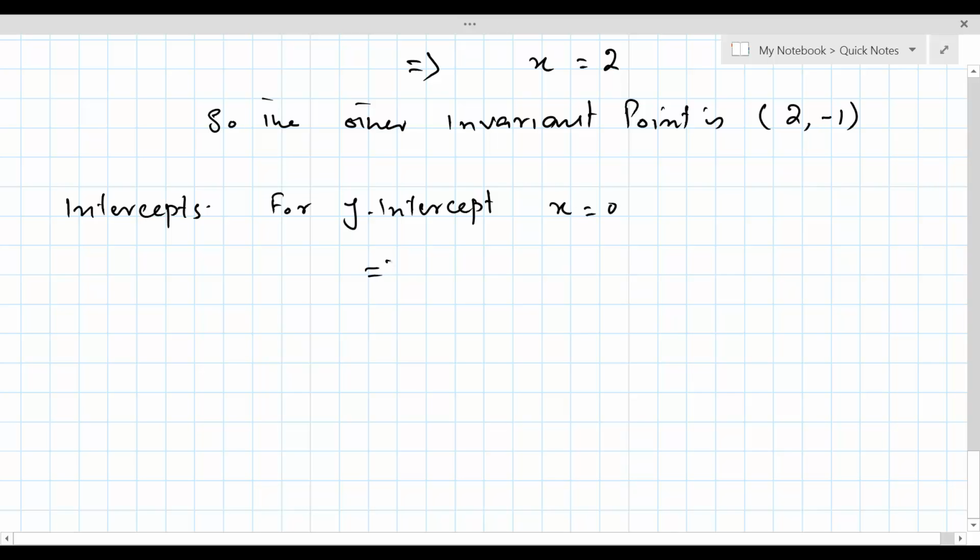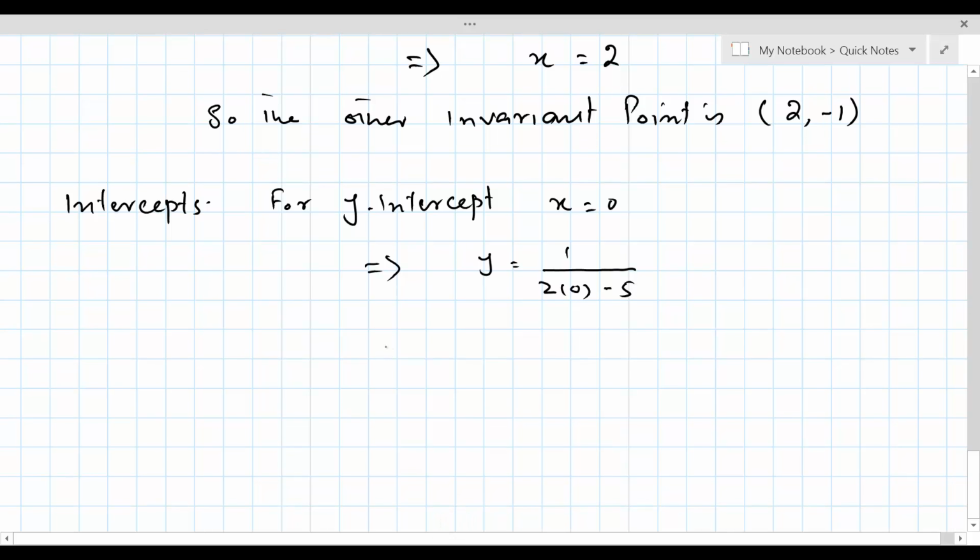This means in the equation y is equal to 1 over 2x minus 5, instead of x, we are going to place 0. This means y is equal to minus 1 over 5.